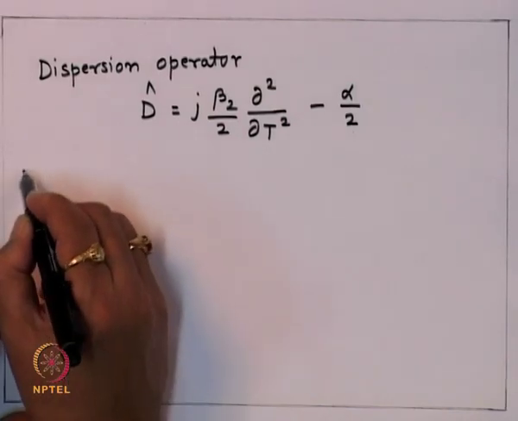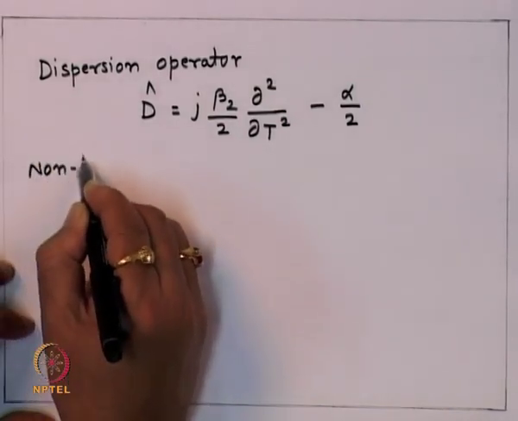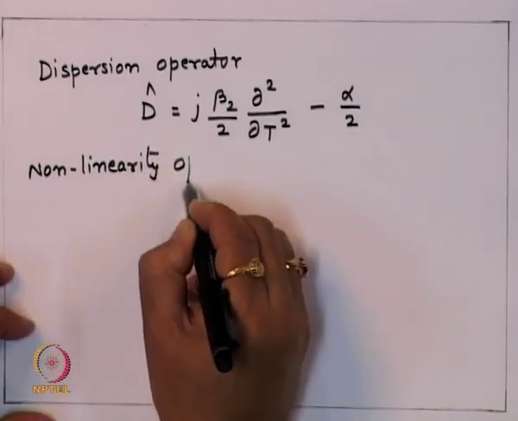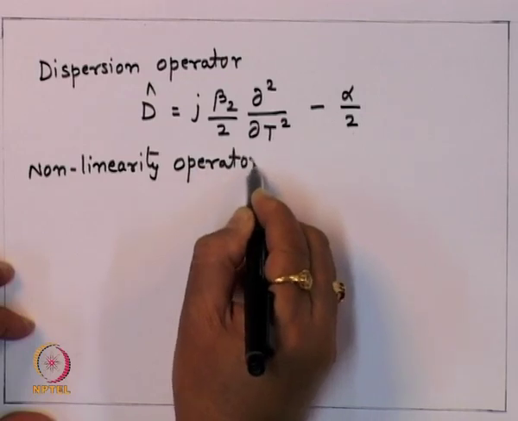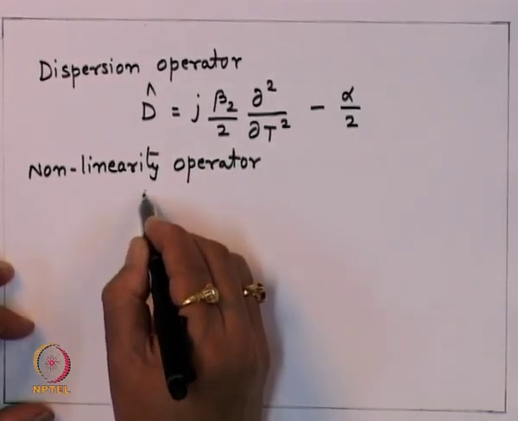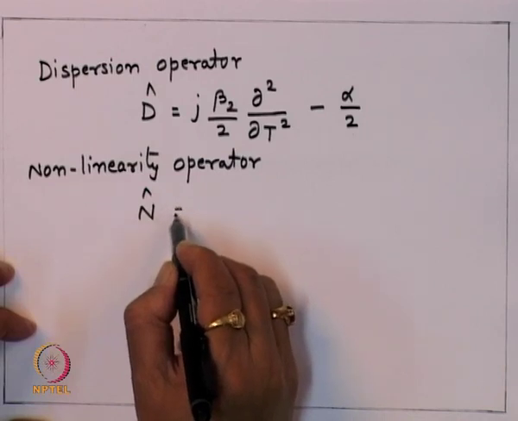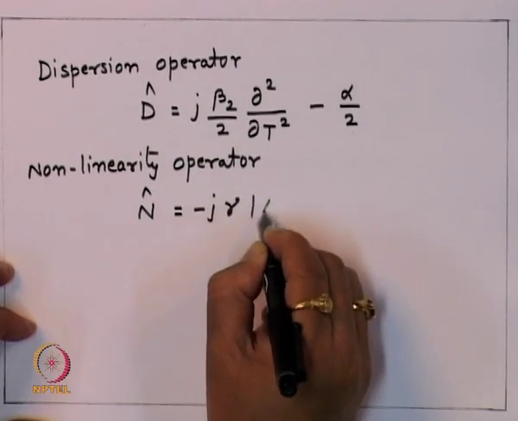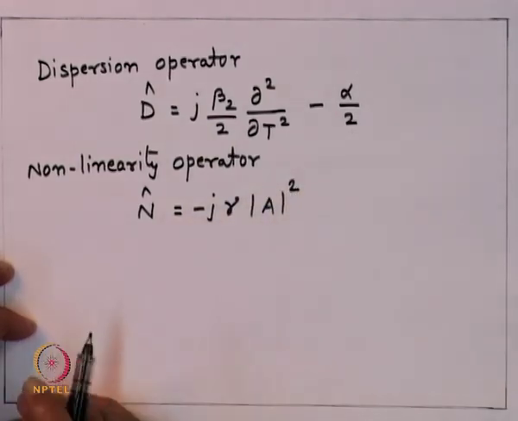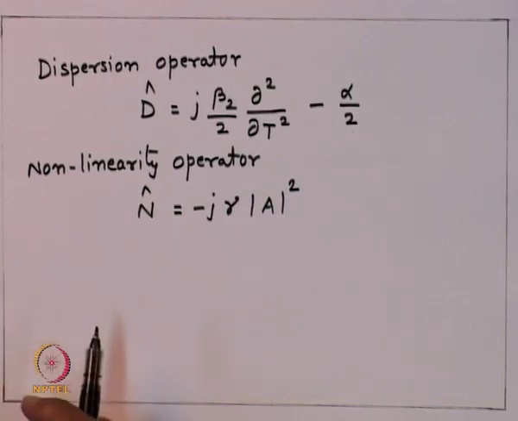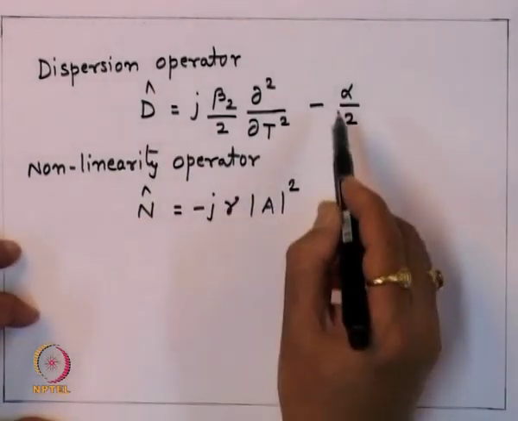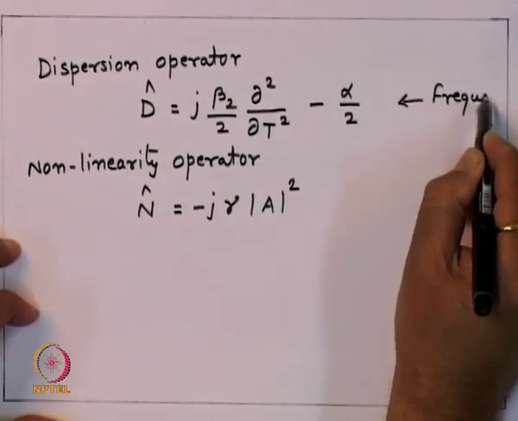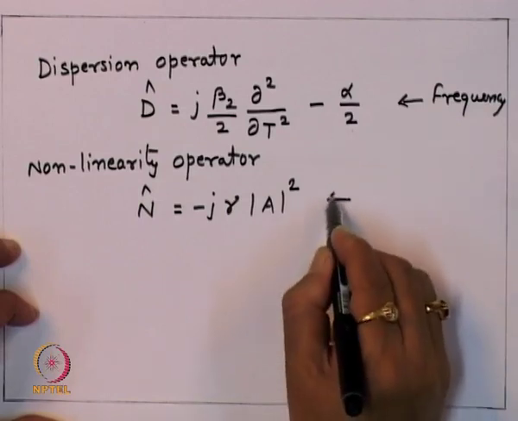And you define a nonlinearity operator, N cap, defined as minus j gamma mod A square. As we already said, applying the dispersion operator is easier in the frequency domain, and applying the nonlinearity operator is easier in the time domain.